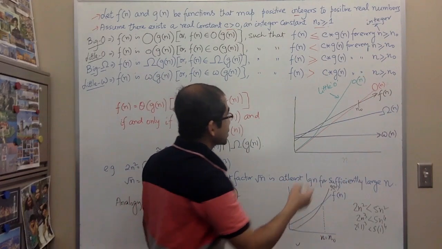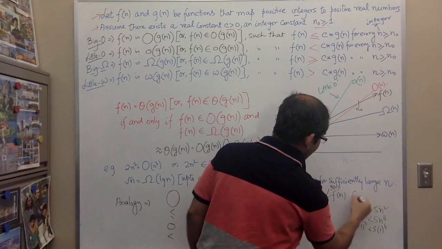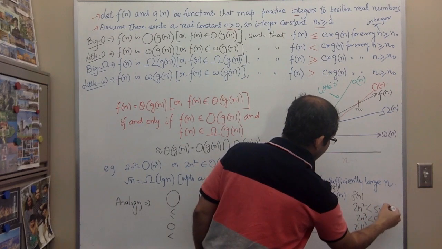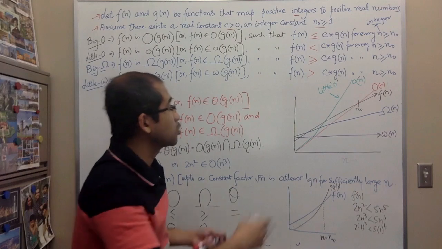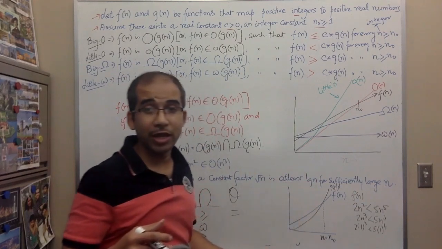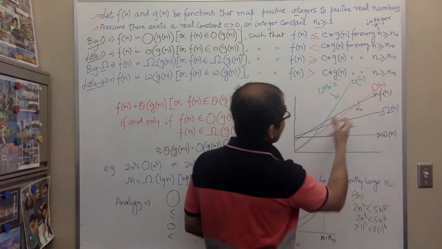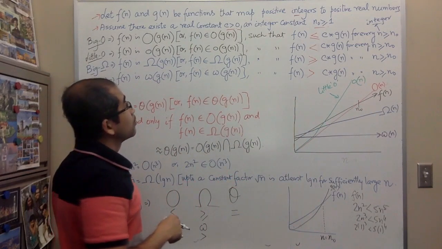Like I said, suppose 2n squared is the Fn, and suppose 5n to the power 5 is the bound. This is little o because it's so large that it's definitely bounded, but we can definitely have a tighter bound like the red one or big O, okay?